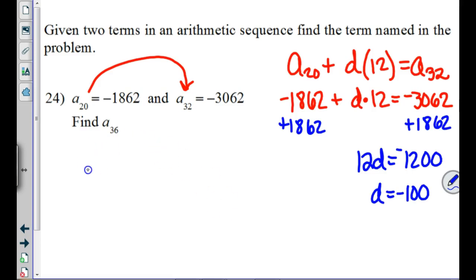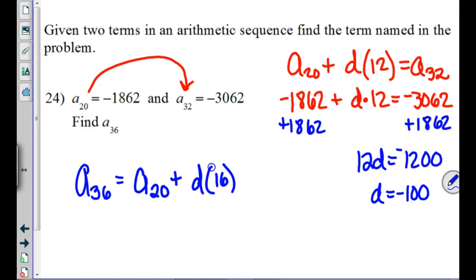How do we find the 36th term then? Well, I would just start with the 20th term, right? And add how many differences this time to get to the 36th? 16 differences. So we had negative 1862 and we added negative 100 16 times.